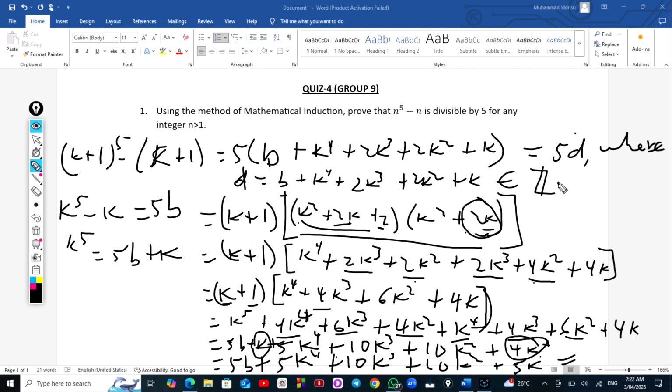Integers. So it's here you can do your conclusion, and I believe you can all do the conclusion perfectly.